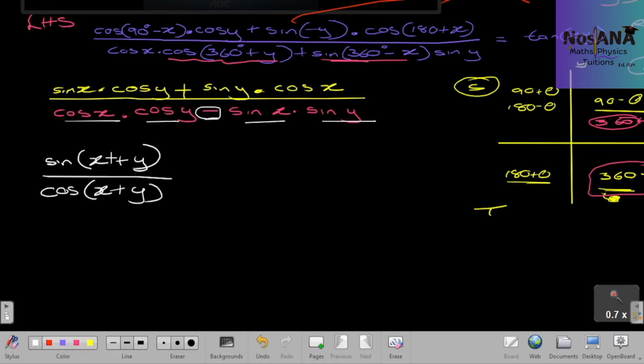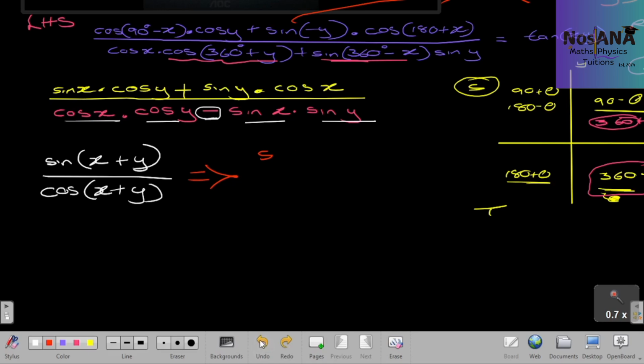This here is almost the same as saying sine theta over cos theta, because this would be equal to tan theta, but we're not there. I'm just showing you guys what it is equal to.